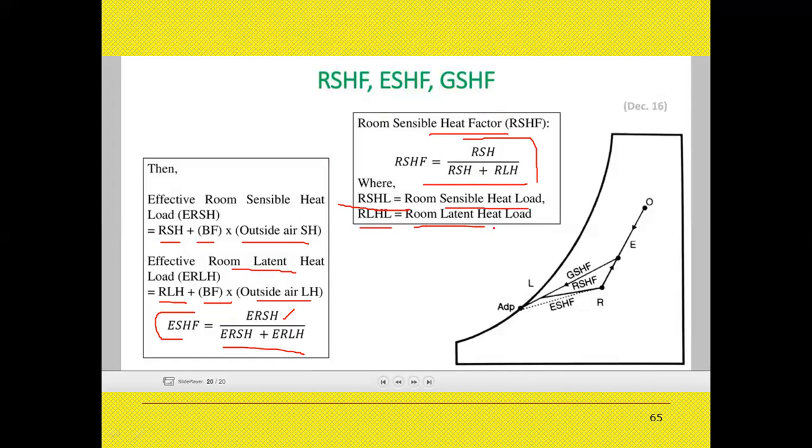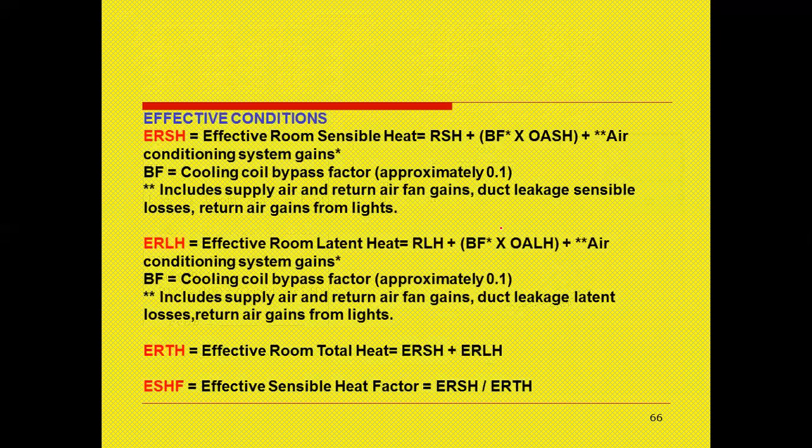RLHL is the room latent heat load. Next, the effective conditions. In the same way, whatever we have discussed, that is RSH, RLH. Here also we will discuss the effective conditions of indoor and outdoor air conditioning systems.